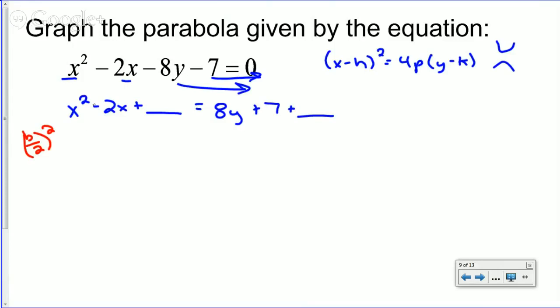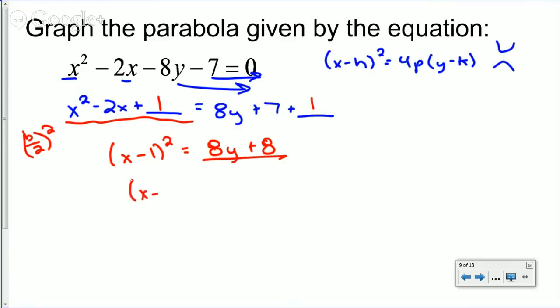So that's -2 divided by 2 is -1. -1 squared is 1. So then take these 3 and factor them. So that's x minus 1 squared equals 8y plus 8. And then we'll factor out the 8 out of that right side. So it's x minus 1 squared equals 8 times y plus 1.